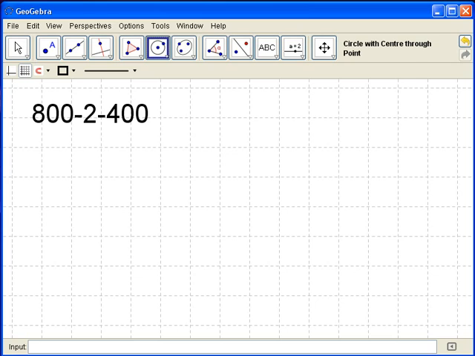So let's make a reasonable geometric simplification of that. Let's put the point here.